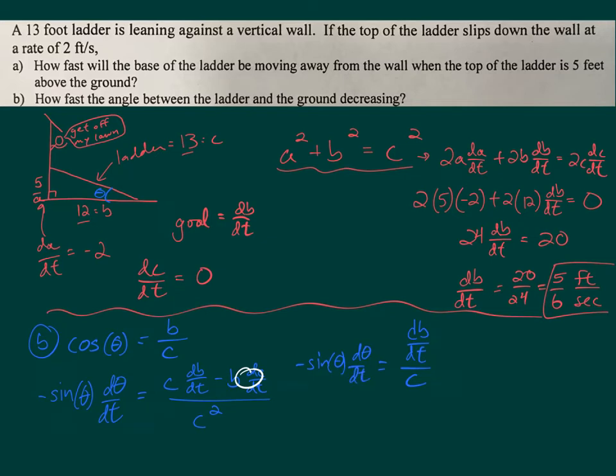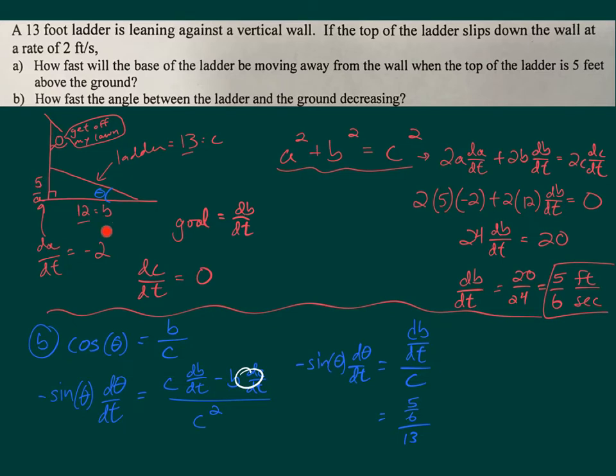And I think at this point we can just start putting values in. So dB/dt we found here is 5/6. C is 13, right here. But negative sine of theta, let me catch up here, 5/6 over 13. And negative sine theta, well, we can just come back to this triangle here and look at the opposite over the hypotenuse.